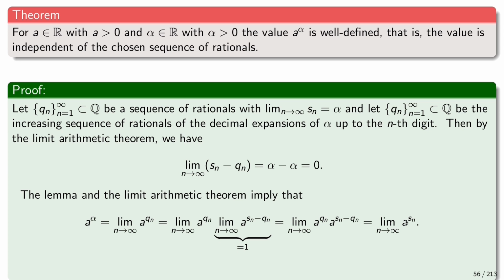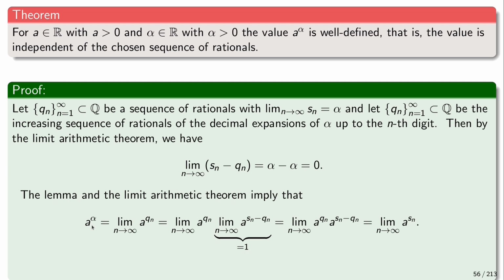So Sn was an arbitrary sequence of rationals that converges to alpha, whereas Qn was a sequence of rationals which is monotonically increasing and converges to alpha. What we see from here is that for every sequence of rationals, monotone or not, a to the power of Sn converges to the same value as a to the power of Qn, and this is how we defined a to the power of alpha.